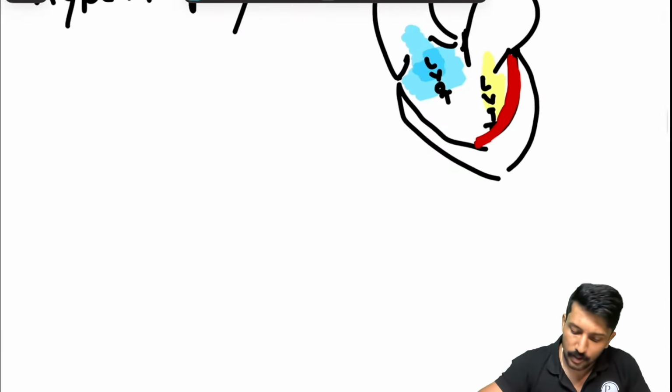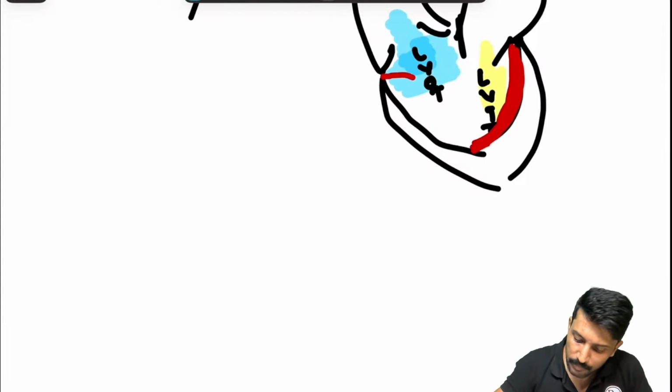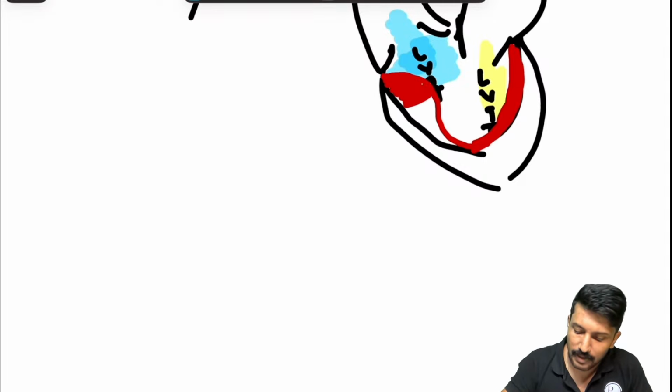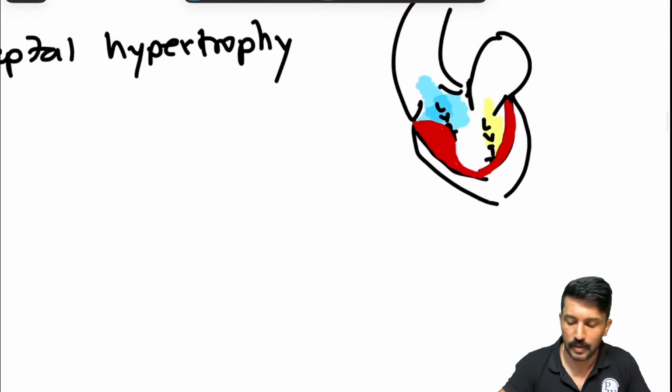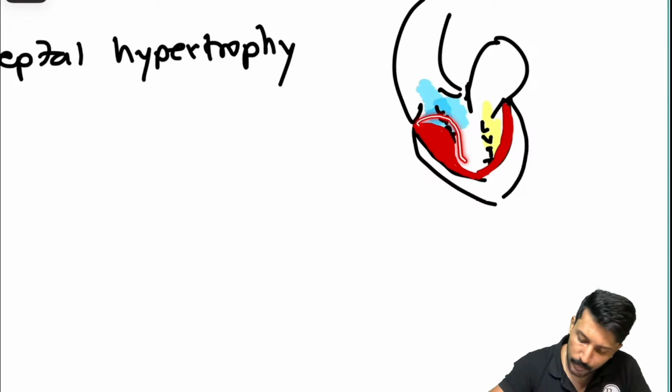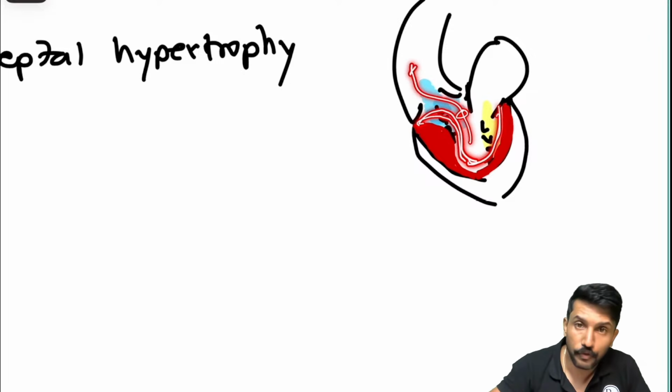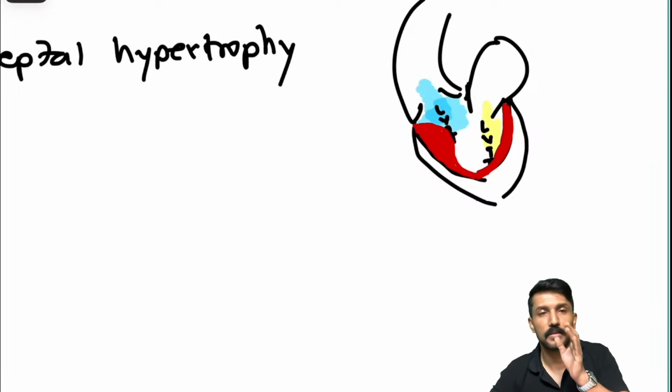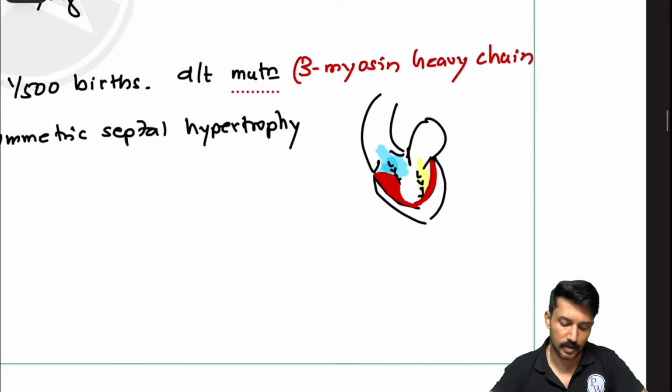And that's not a big deal. What is the big problem? This septum, the interventricular septum, becomes asymmetrically hypertrophied. It's not symmetrically hypertrophied. It is eating into the left ventricular outflow tract space. So if it becomes more and more hypertrophied, one day it will start causing obstruction to the flow of blood. And when it causes obstruction, we will call it hypertrophic obstructive cardiomyopathy.